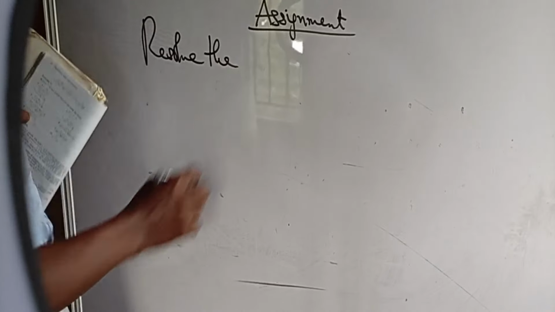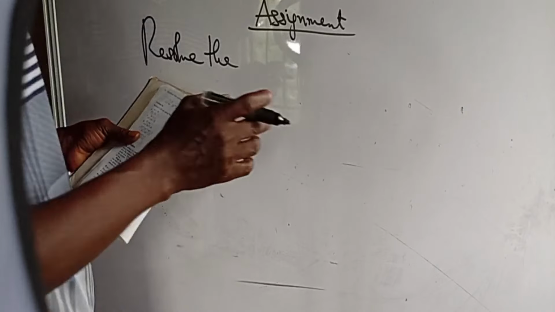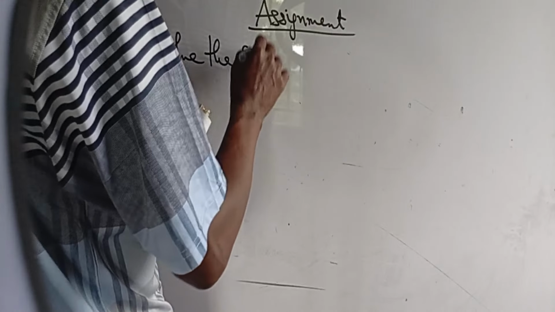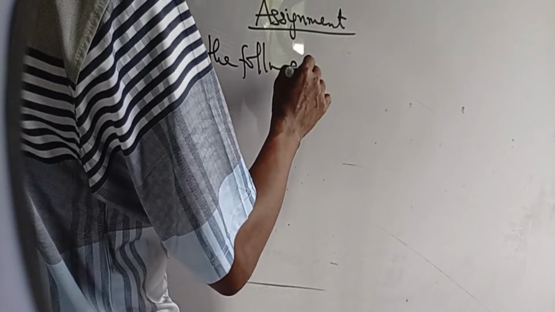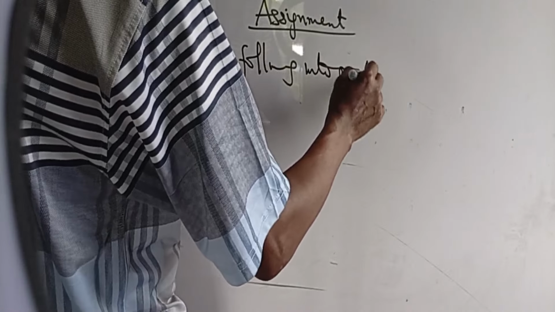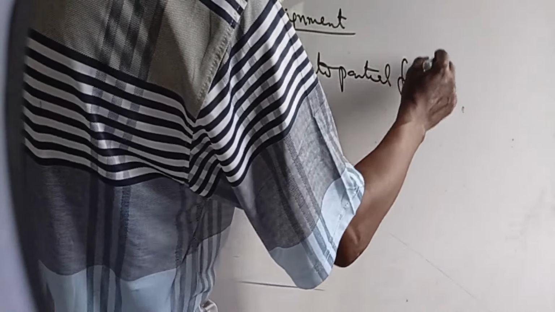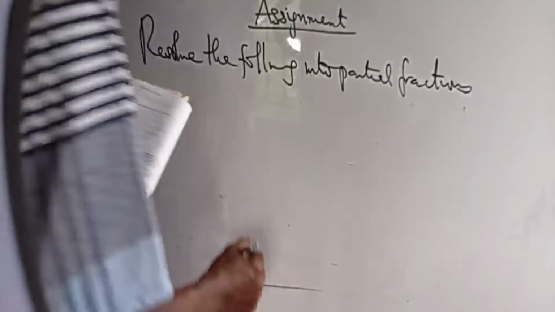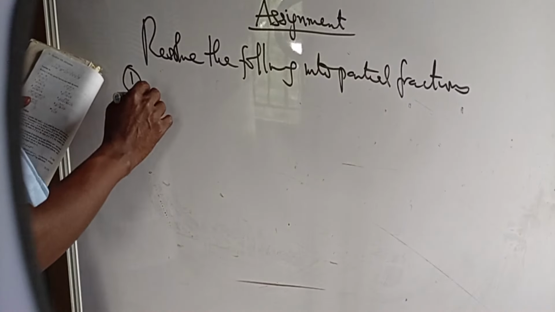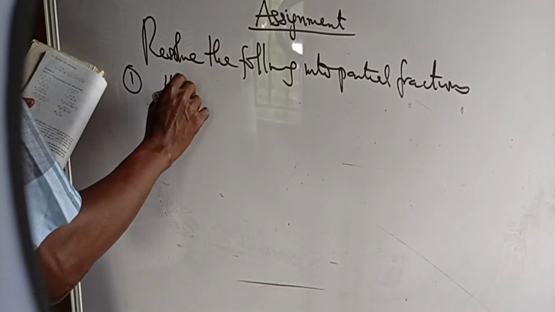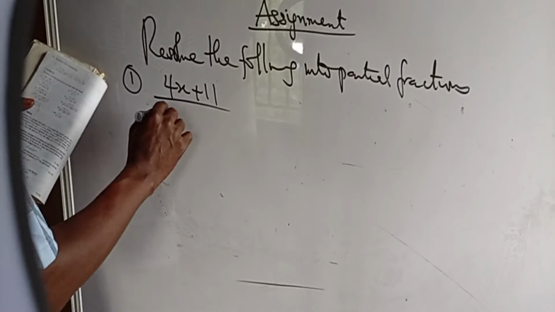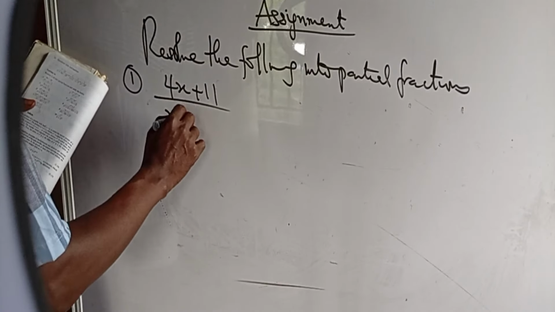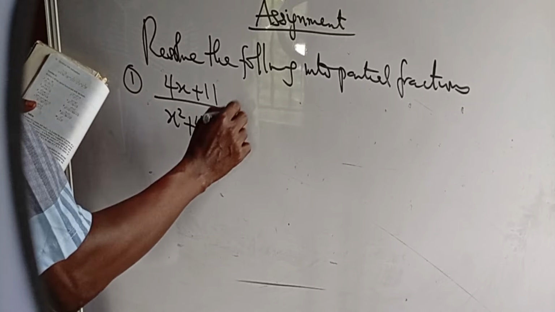Latest Wednesday, on my Gmail. Resolve the following into partial fractions. I'm going to grade it. Number 1: 4x plus 11 all over x squared plus 4x minus 5.